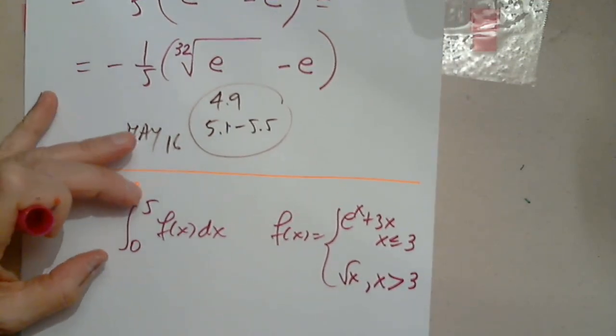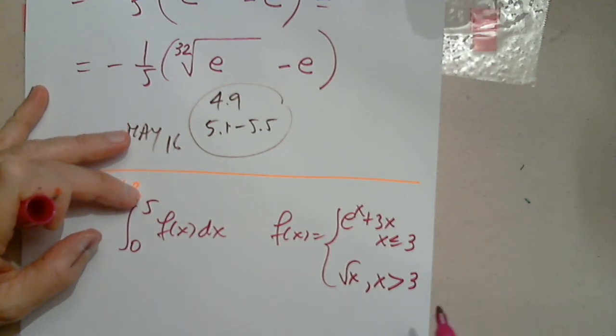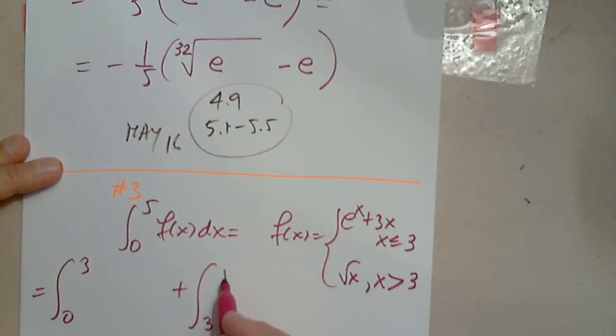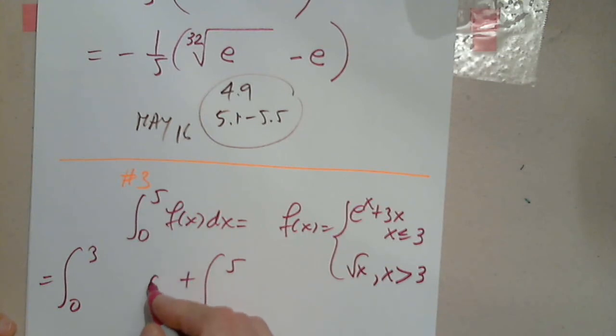So we have 0 to 5, and it's split at 3. Then this integral would be the integral from 0 to 3 plus the integral from 3 to 5. Now we only have to put the correct function in, and the rest should not be difficult, right? Oh, right, yeah, exactly.